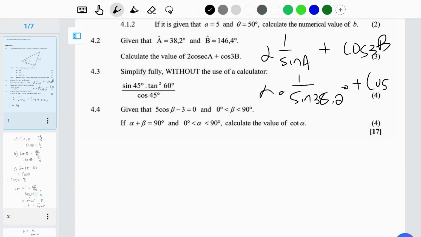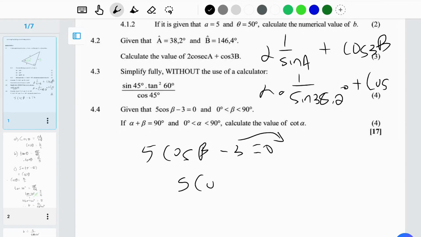So we know that 5 cos beta minus 3 equals 0. We can start with this equation. What we can do is take that 3 over, so we can say 5 cos beta equals 3.